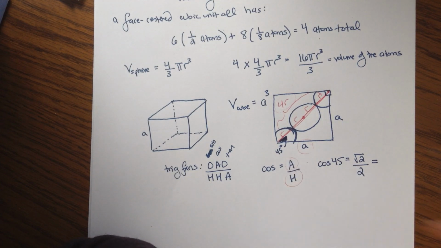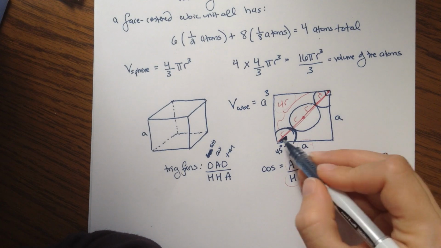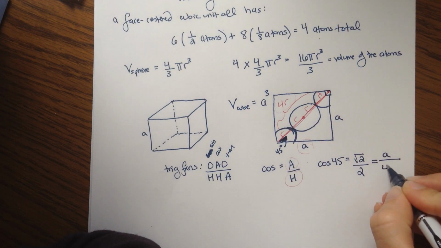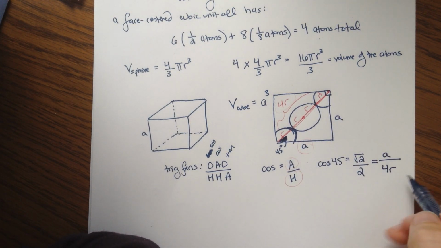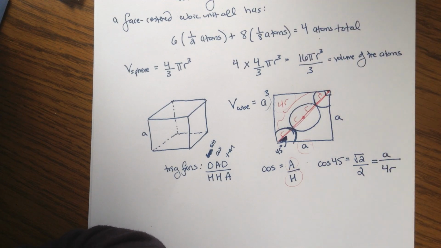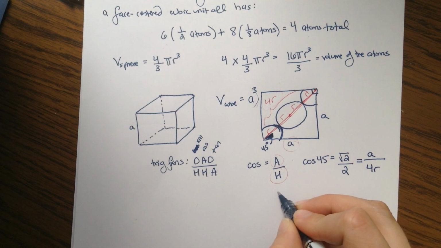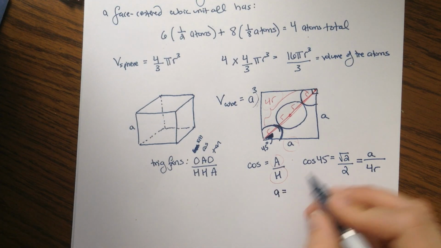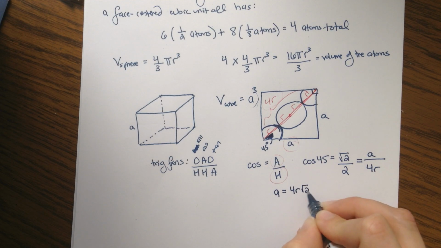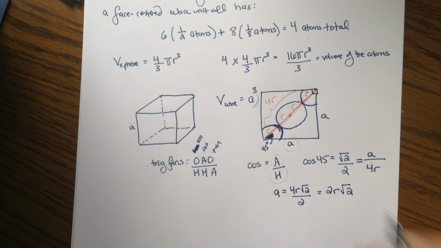Cosine of 45 is square root of 2 over 2, equals adjacent, which is A, over the hypotenuse, which is 4R. Oh, this is so exciting. Look, we're starting to make a relationship between A and R so we can plug it in and cancel it out when we finally find our packing efficiency. Very exciting. Great. If we do some algebra magic, we can solve for A. A is 4R square root of 2 over 2, or 2R square root of 2.